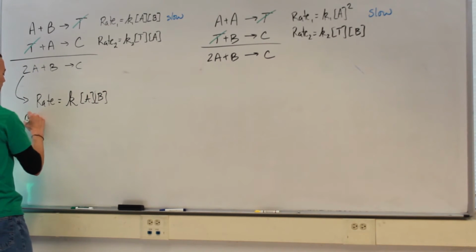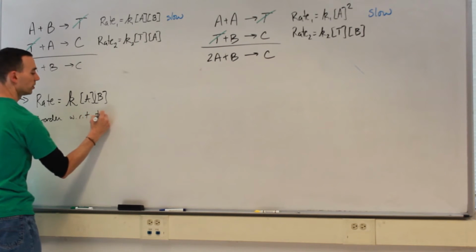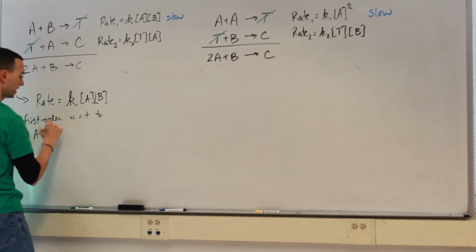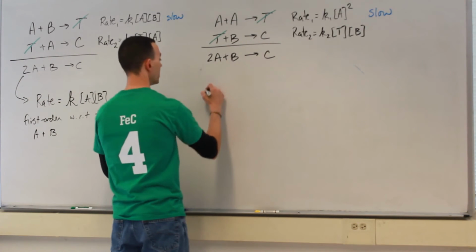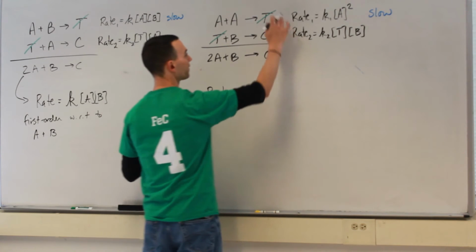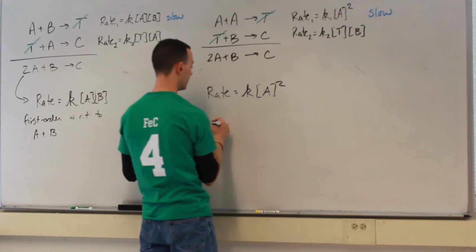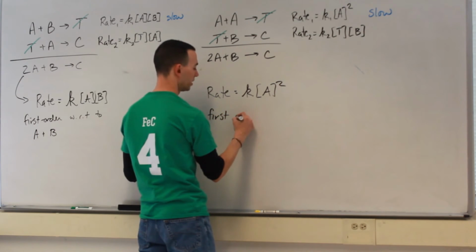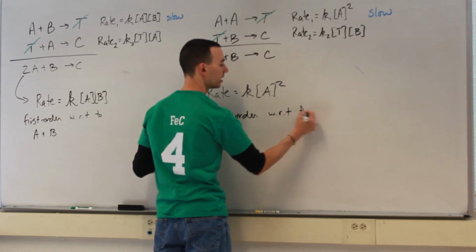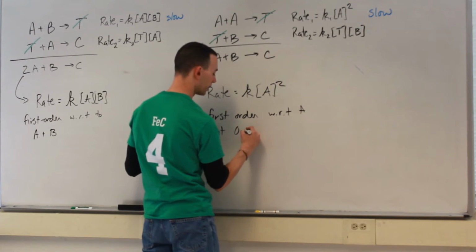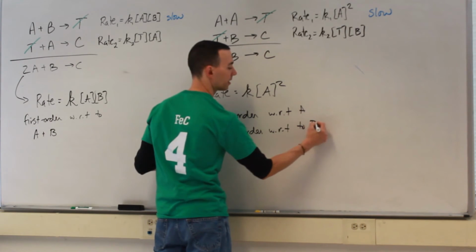So we see that it's first order with respect to A and B. In this second proposed mechanism, the overall rate law, if this was the slow step, would be k times [A] squared. So we see that it's first order with respect to A, but zero order with respect to B.